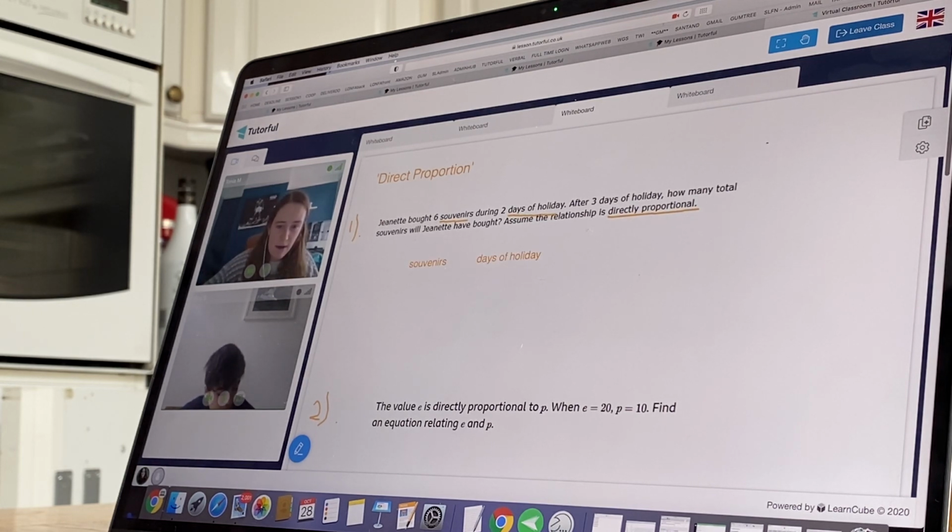Souvenirs is directly proportional to days of holiday, and we use this symbol, and it looks like a little fish, I guess.